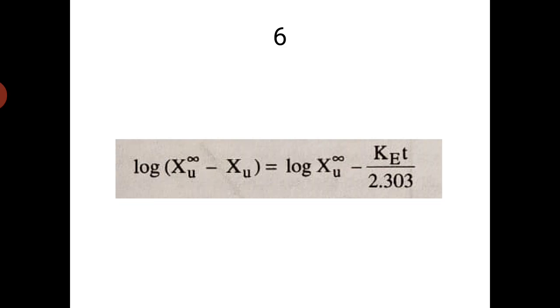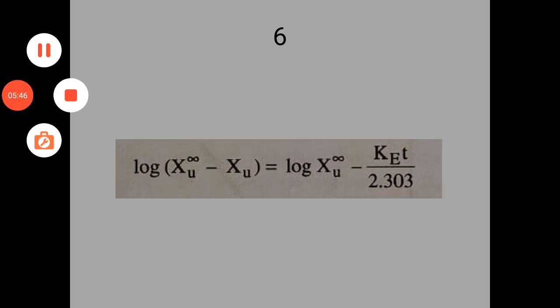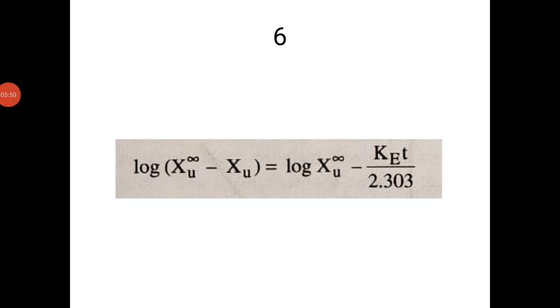Now if you make a graph of log of Xu infinity minus Xu on the y-axis and time on the x-axis, you will get a straight line with the slope equal to minus ke divided by 2.303.